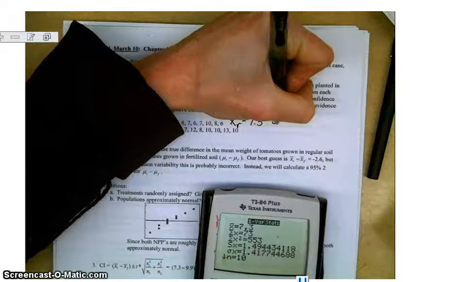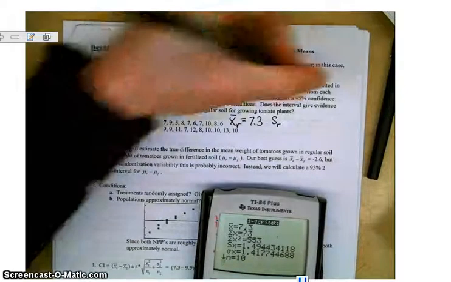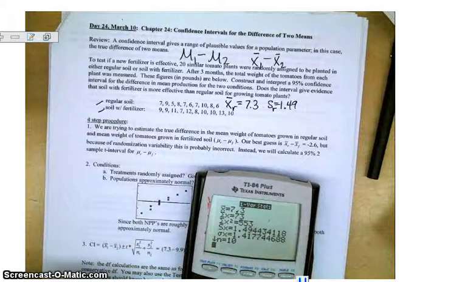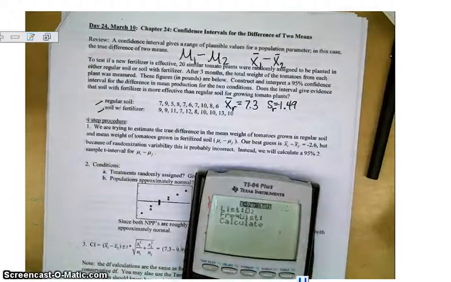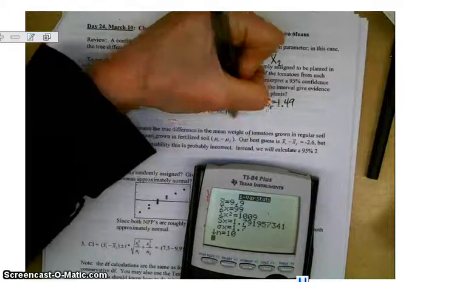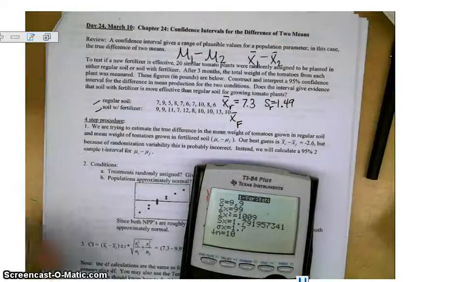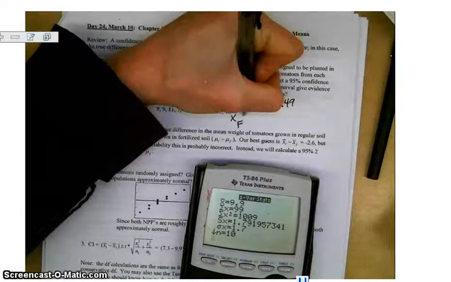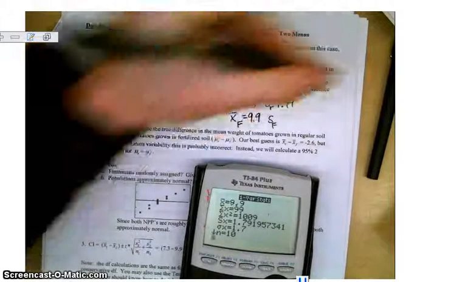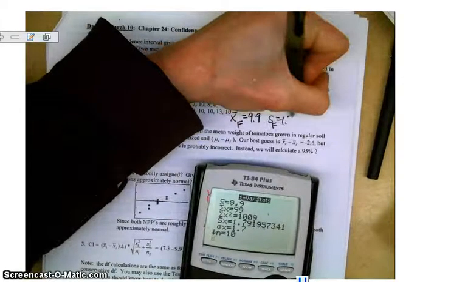And the standard deviation for regular soil is 1.49. Then if I go stat, calc, one variable stats for the next list, I get that X bar for the fertilized soil, F, is equal to 9.9, and the standard deviation for the fertilized soil is 1.7.